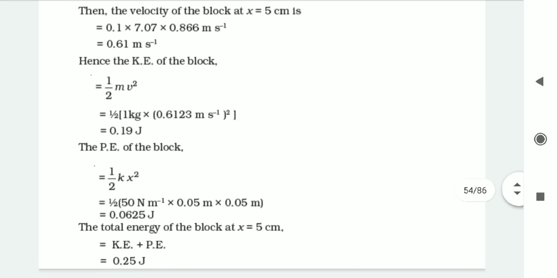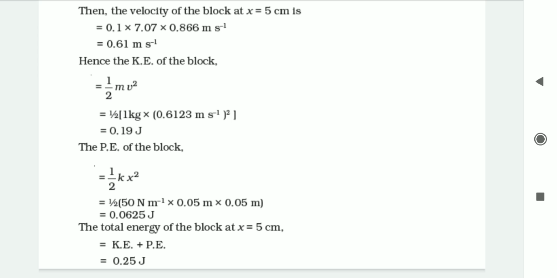The potential energy equation is 1/2 k x squared. The force constant is 15 Newton per meter, and x is 5 centimeter, that is 0.05 meter. By substituting those values, we get potential energy 0.0625 joule. Total energy equals kinetic energy plus potential energy. By adding those values, we get total energy 0.25 joule.